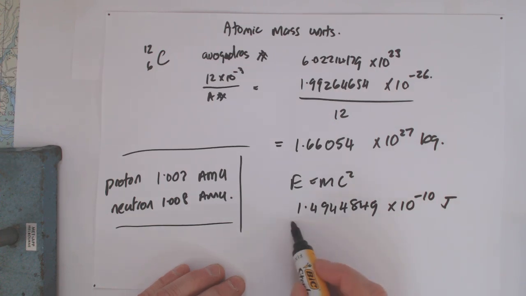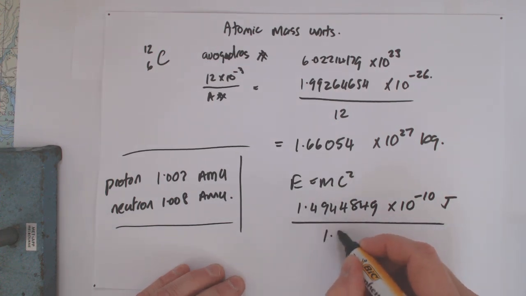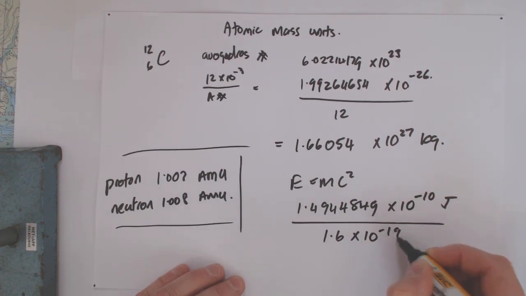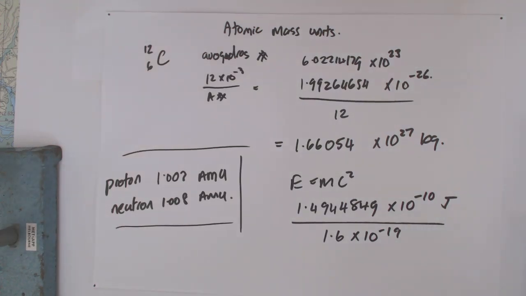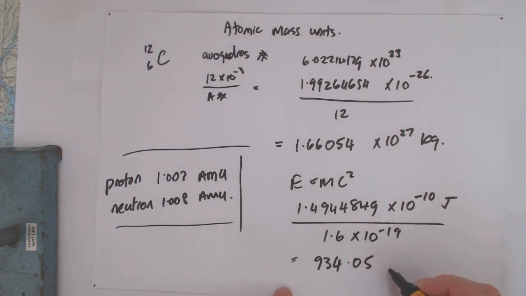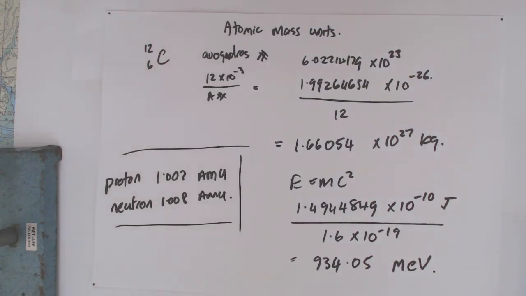And I want to convert that into electron volts, so I will divide by the charge on the electron. And I get 934.05, and that is mega electron volts.